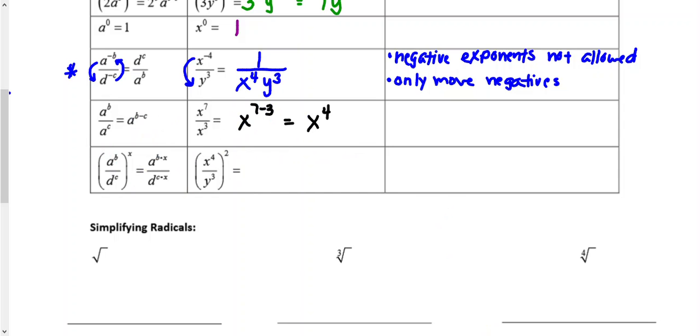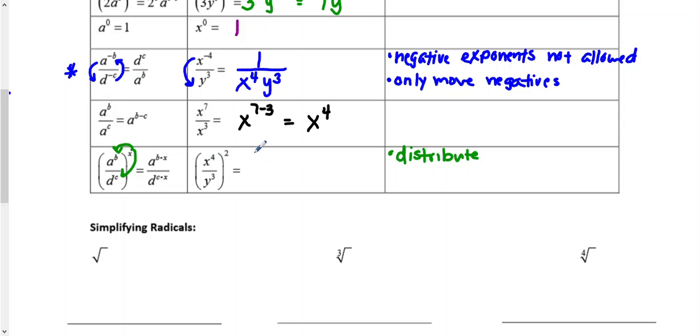And then notice here we have parentheses again. And parentheses means distribute. And when we distribute, we multiply. So that would become a to the b times x and d to the c times x.